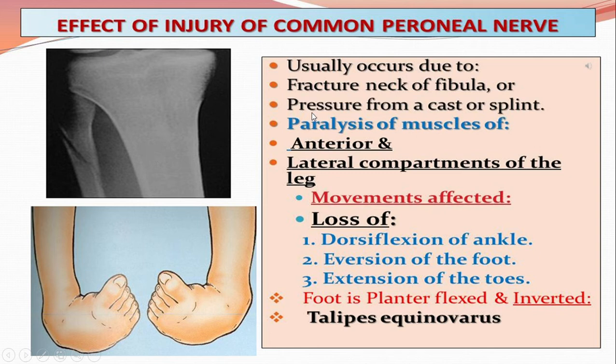Now you can clearly observe that the common peroneal nerve is distributed through deep peroneal nerve and superficial peroneal nerve. So anterior compartment of leg and the lateral compartment of leg muscles are going to be paralyzed, and skin distribution of both superficial and deep peroneal nerve are going to be affected.